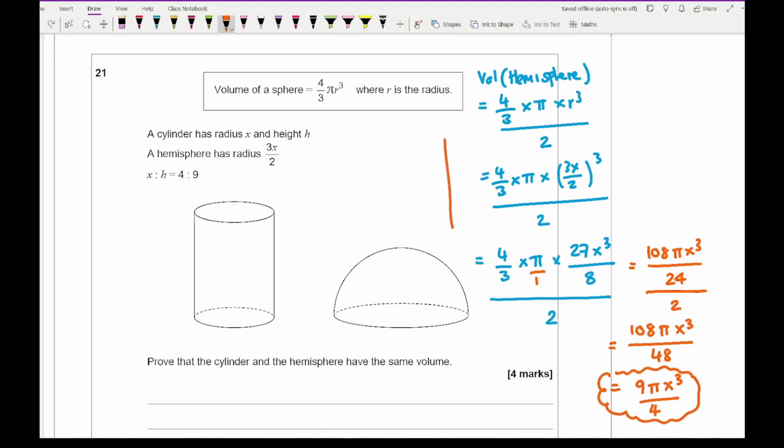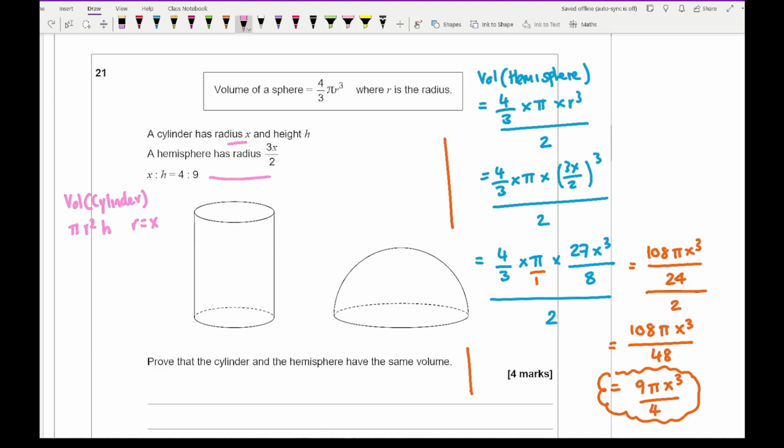So then moving on to the volume of the cylinder. Now to work out the volume of a cylinder, the formula is pi r squared times h. For this, I know that r equals x because it tells me so, but the next thing I need to do is work out what h is.